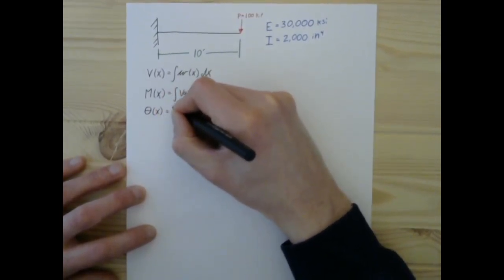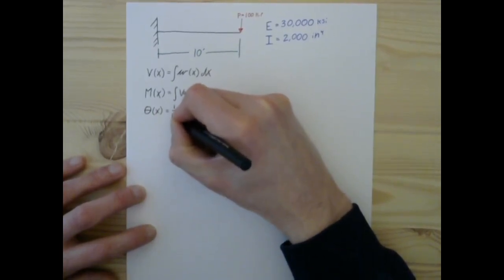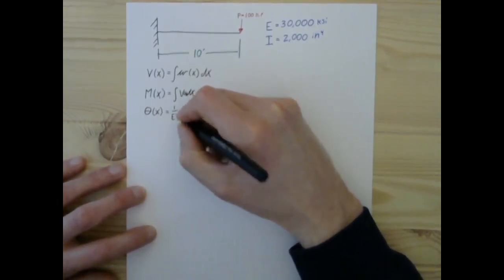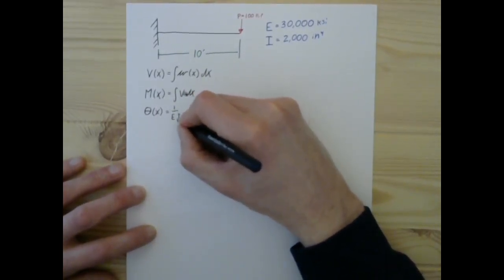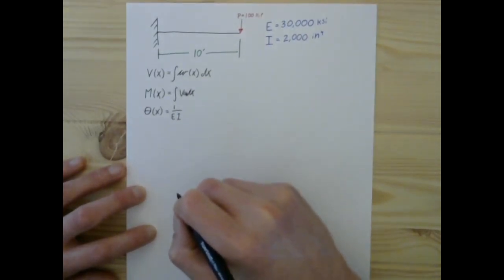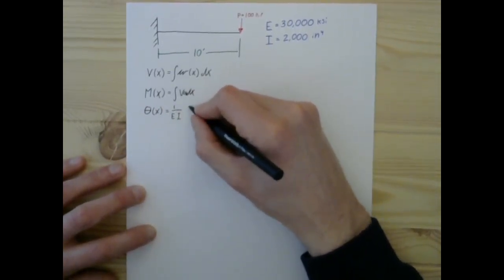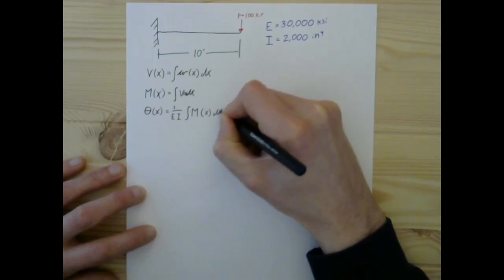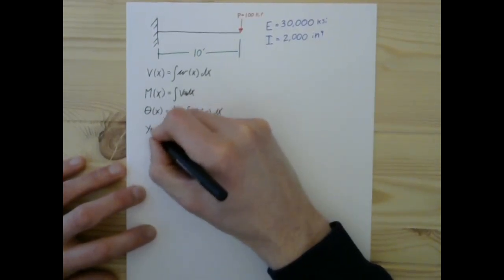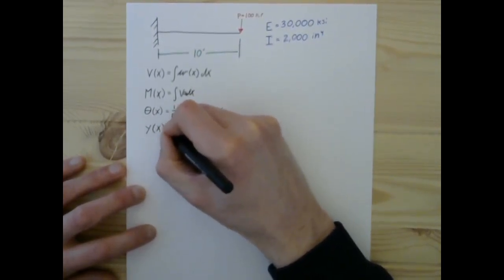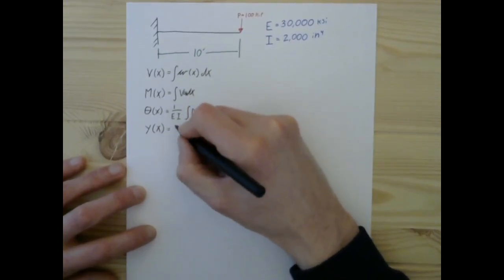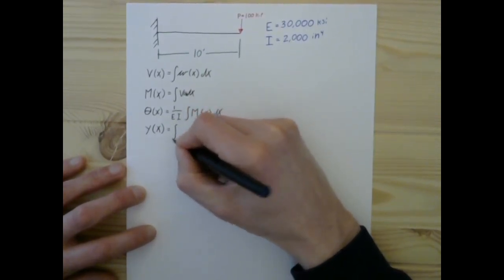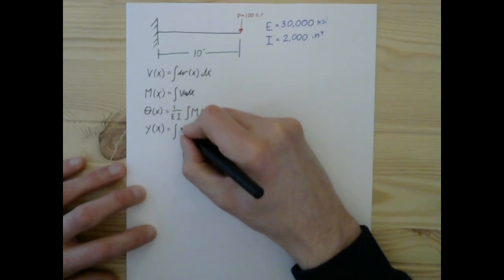is going to be equal to 1 over the second moment of inertia and the Young's modulus, times the integral of the moment, and the deflection itself is going to be equal to the integral of the rotation.